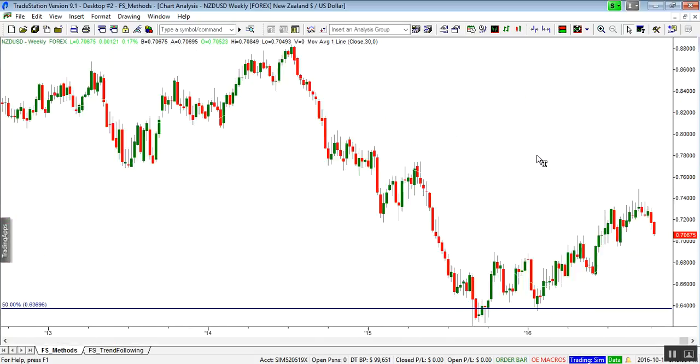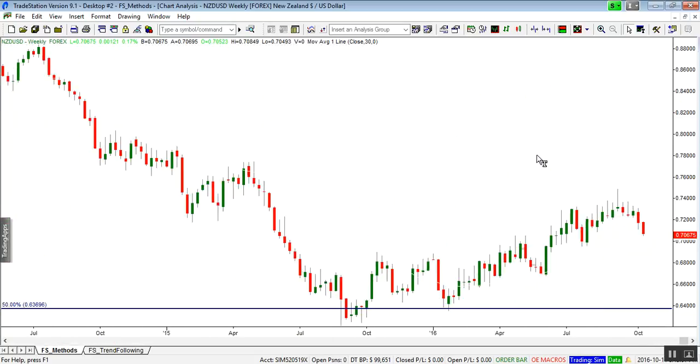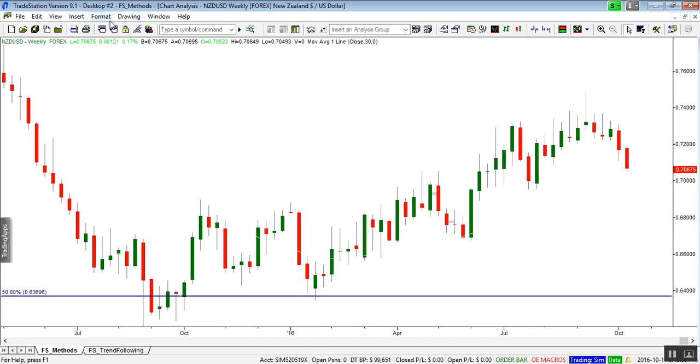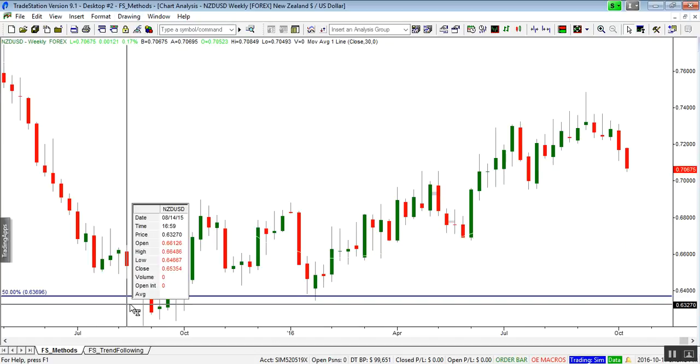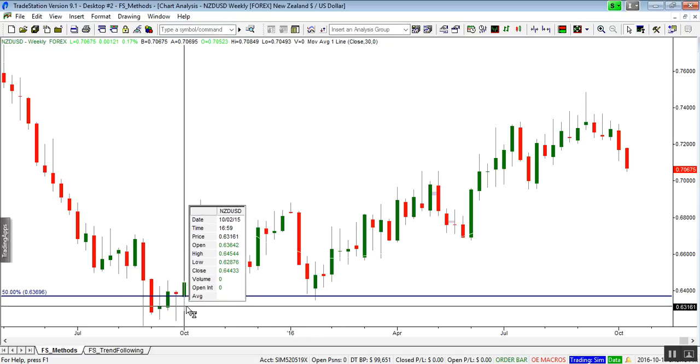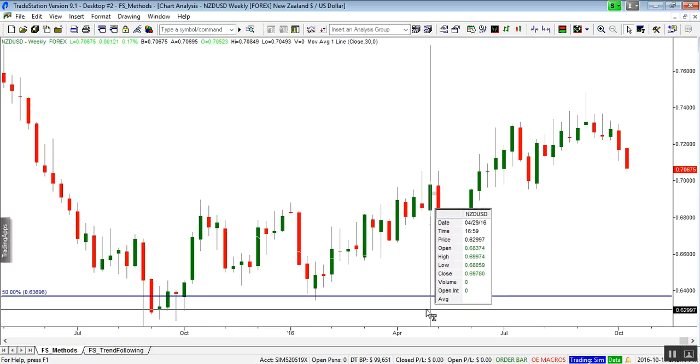Apparently that move has ended, and that move was generated by the participation at the 63.70 area here with 1, 2, 3, and 4 tests.